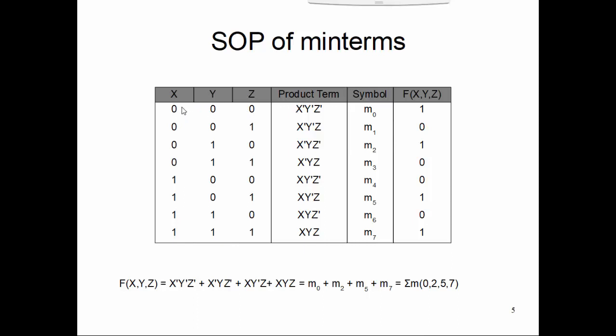For example, take the third row: its xyz value is 0, 1, 0, which is 2 in decimal. So its corresponding minterm symbol is m2. Similarly, for 1, 0, 1, the decimal value is 5, so we write m5.